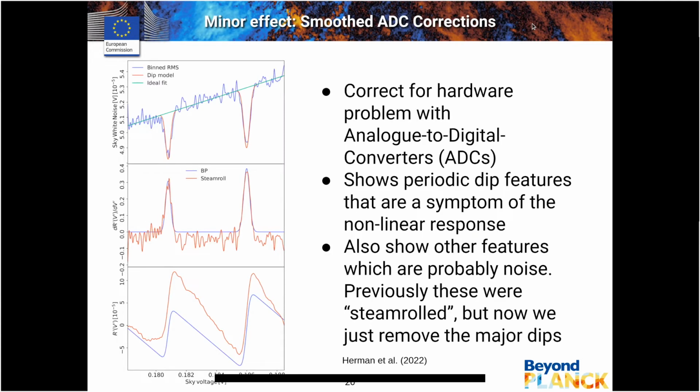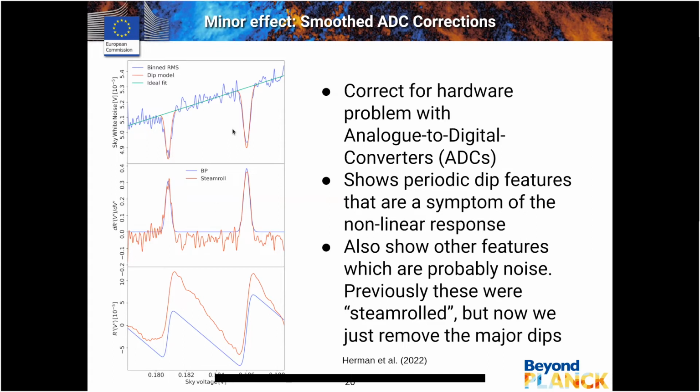And then finally, another minor thing that we've corrected for is we've now implemented and are using our own ADC corrections. So correcting for the hardware problems with the analog to digital converters. And so you can see on the left here, this is the binned RMS of the ADCs as a function of voltage. And that these dip features here are what are known to be these ADC nonlinearities that were the issue. But there also is this sort of hash of what we think is noise on top of that.